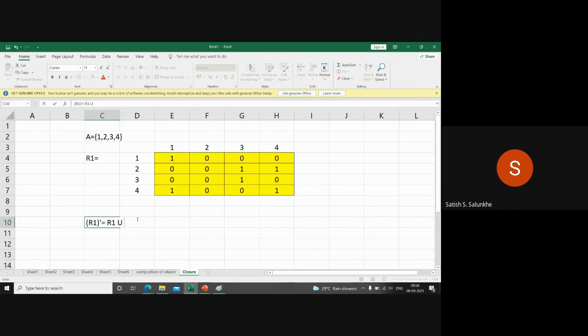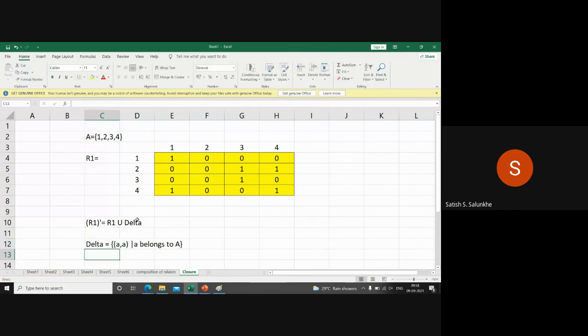I am not able to draw the symbol here, so I will just mention delta, okay? So what is delta? Delta is another set. It is the collection of all the elements (a, a) such that a belongs to set A.